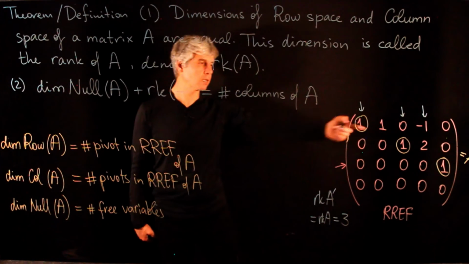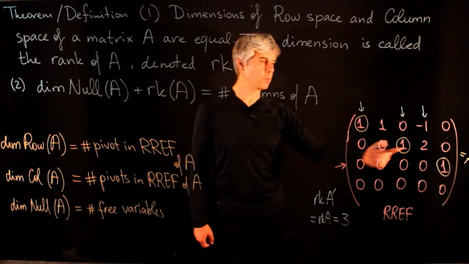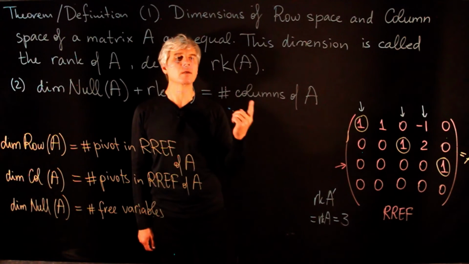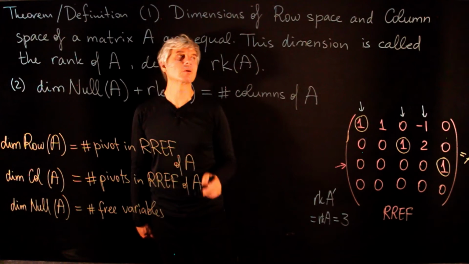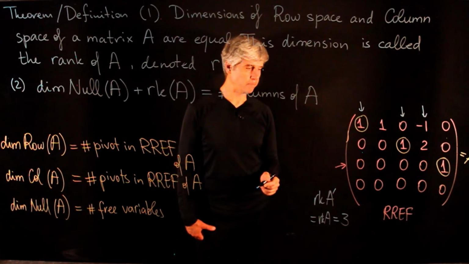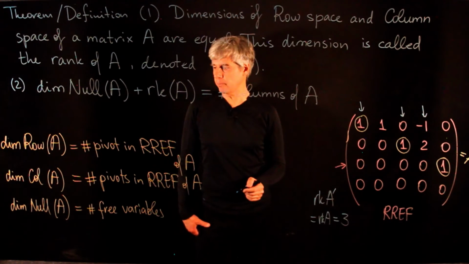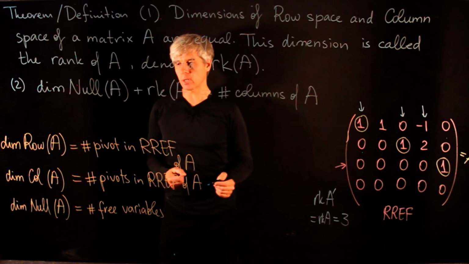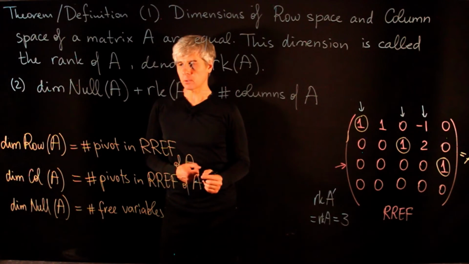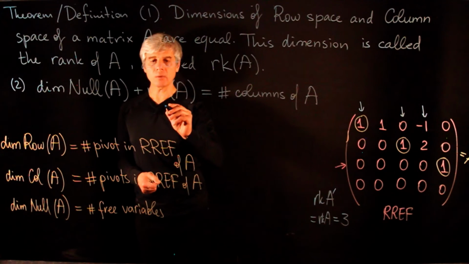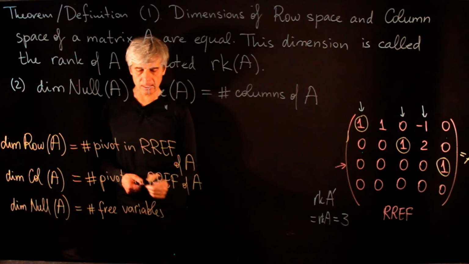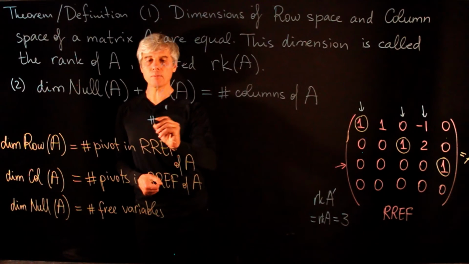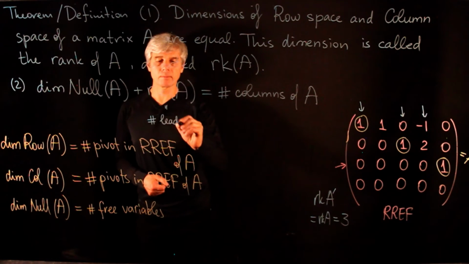So we compute the rank by counting the number of pivots, but it's important to remember that rank really means the dimension of the row space or the column space. And so now, if we look at the last formula, what do we have here? We have that the rank of A is the number of pivots, but the number of pivots is equal to the number of leading variables.